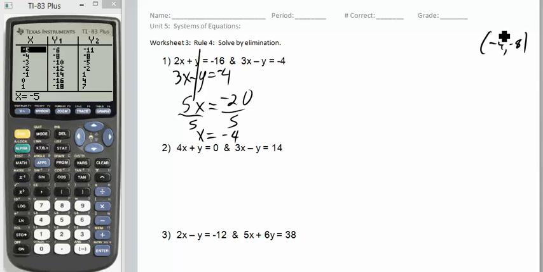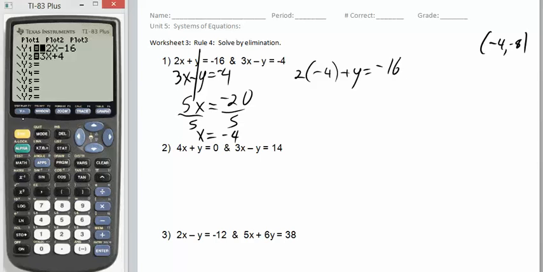Okay? But then to find the y value on this, we have to put this back into one of these two equations. So I'm going to put it into this one. So 2 times whatever x is, and I have to solve this for y.